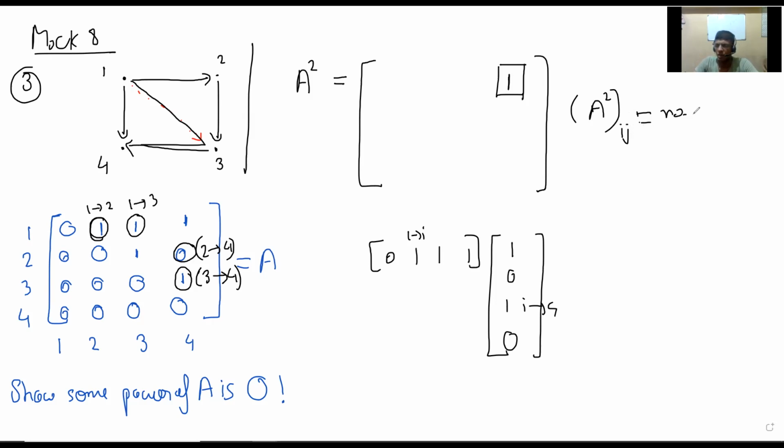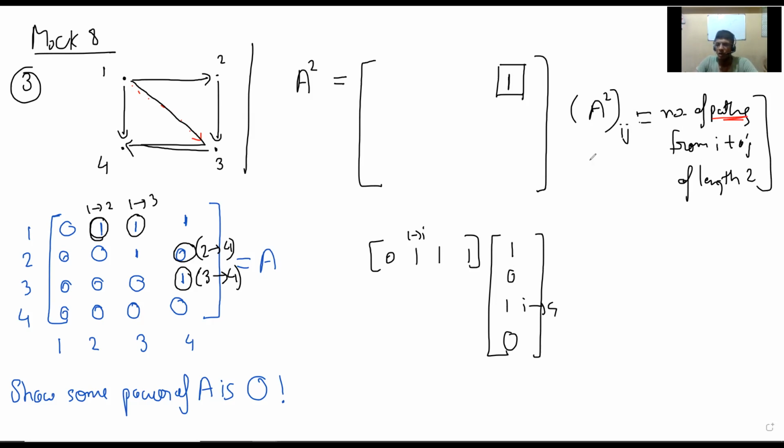So a square i comma j is the number of paths from i to j of length 2. Okay, so what I've written is slightly incorrect because it's not really paths. Vertices could repeat, but here it's just 2 edges, so length 2. So it doesn't matter, but in general, you can understand. Yeah, you can repeat. Okay.